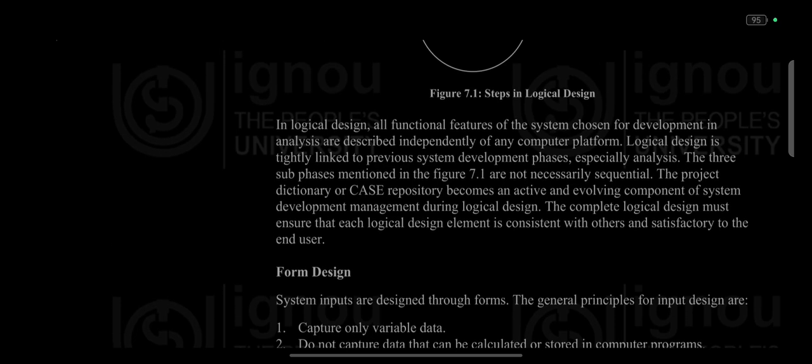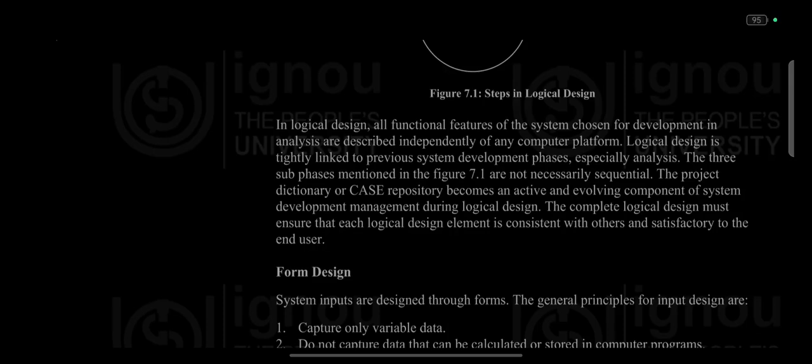All functional features of the system chosen for development in analysis are described independently of any computer platform. Logical design is tightly linked to previous system development phases, especially analysis. The three subphases mentioned in Figure 7.1 are not necessarily sequential.